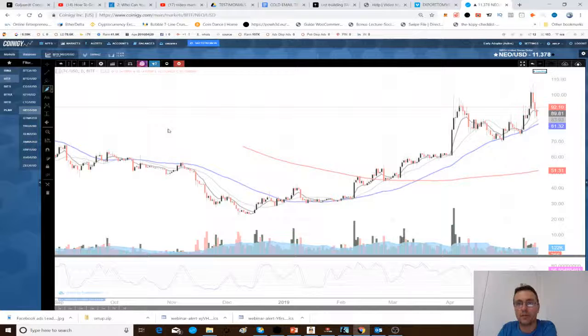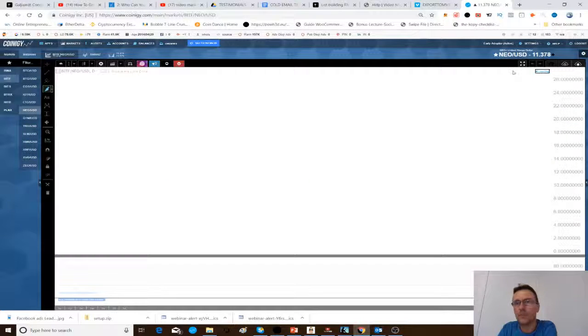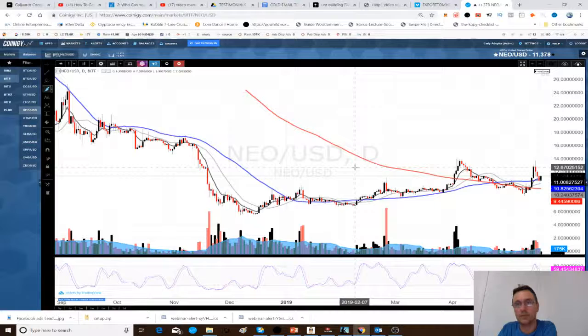Neo's another favourite. Everyone loves Neo. Cheap as chips, Neo. I think Neo's great. But one thing that I see with Neo here that I don't really like very much is that we've got a big cup here, and we've got a decline that goes back below, and then up and then down. So this actually looks reasonably confused.